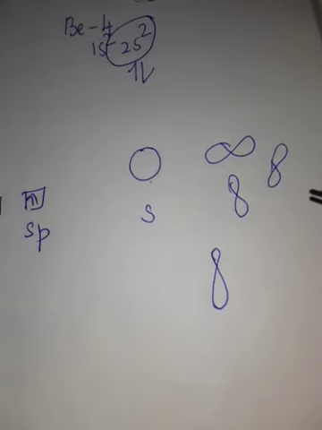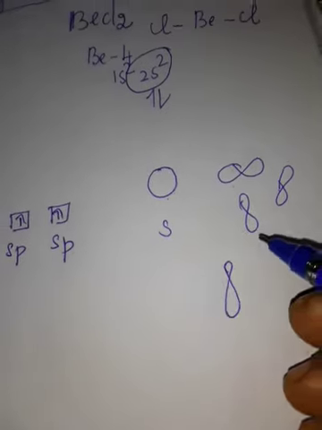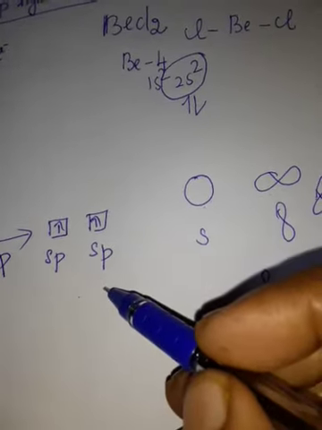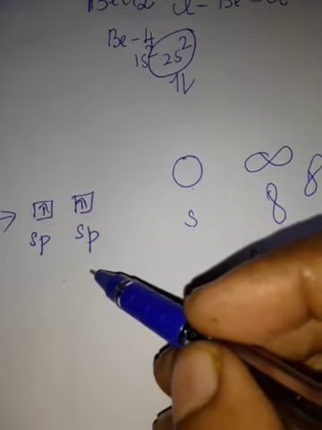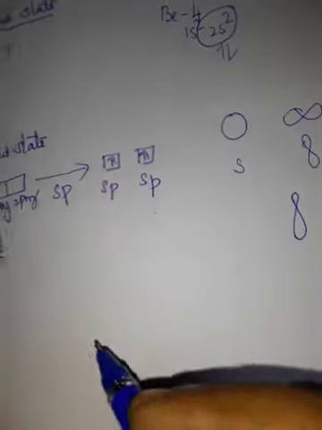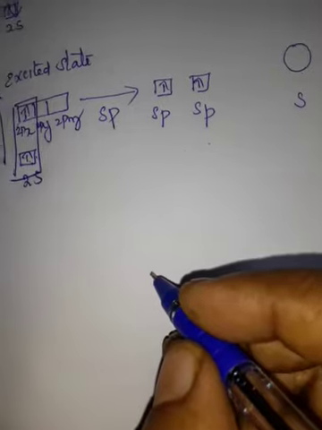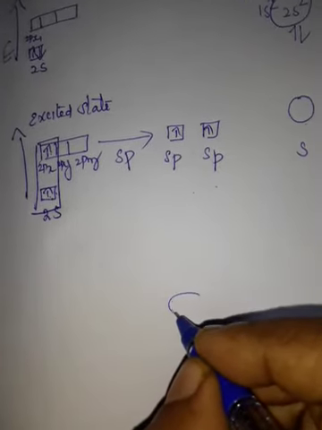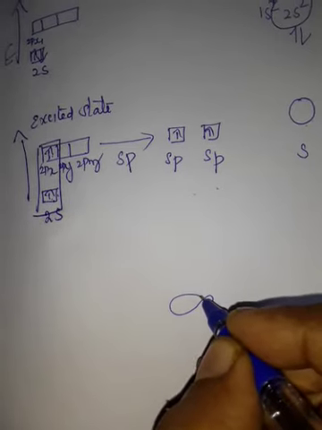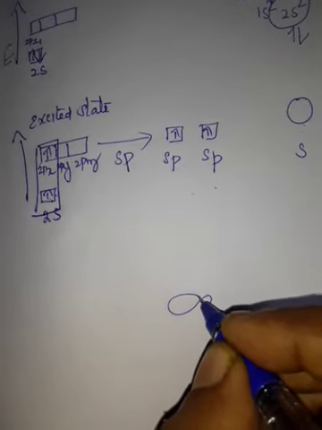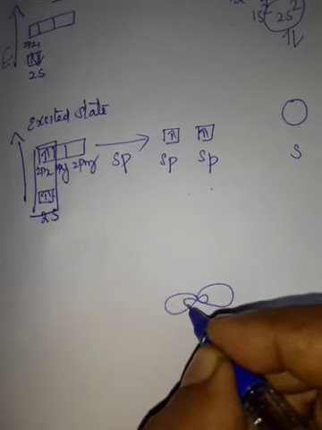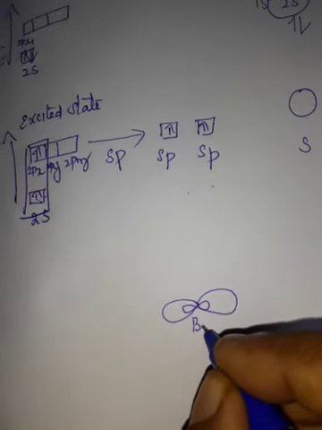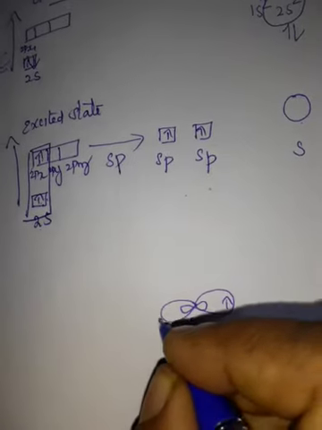So the sp having 50% s character and 50% p character, both combined and giving a structure like this, the geometry for beryllium. Beryllium having 1 electron.